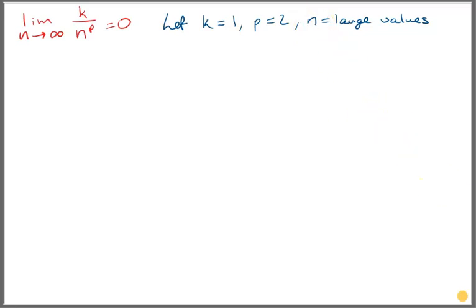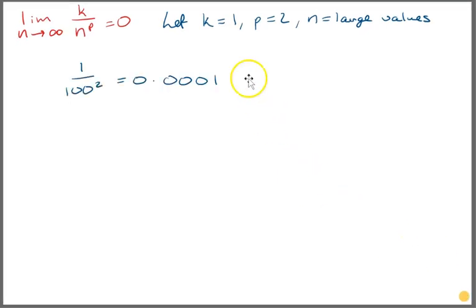I've made those values up just to show as an example, but I could have picked any numbers at all. So if k is 1, so our numerator is 1, and n is going to be a big number, I'm going to start off with 100. And the power, p, I'm just going to let be 2. So 1 over 100 squared is 0.0001.